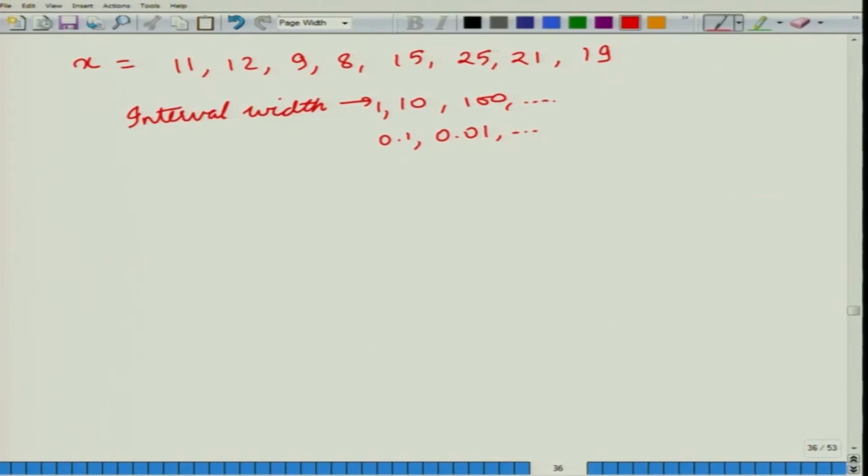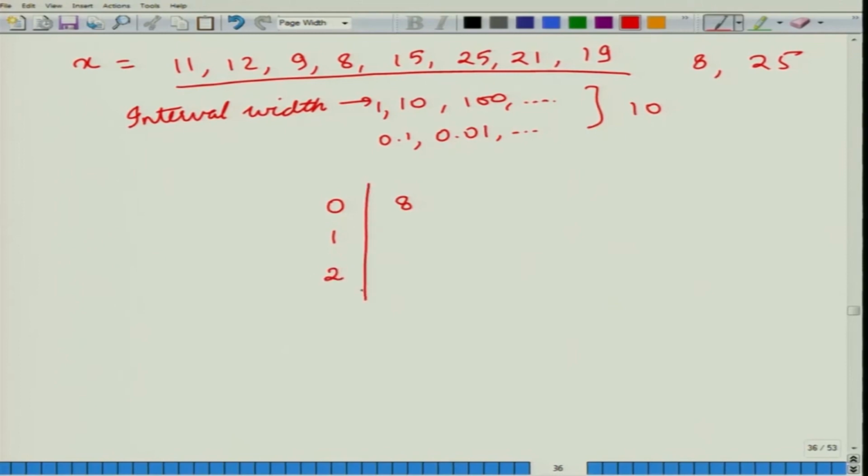For this particular distribution, an interval width of 10 looks the most appealing one. Now that we have decided on an interval width, we take the smallest value which is 8 and the largest value that is 25. Now, 8 would come under a stem of 0, so 8 can be written as 0, 8. We will have another stem that is 1 and another stem that is 2.